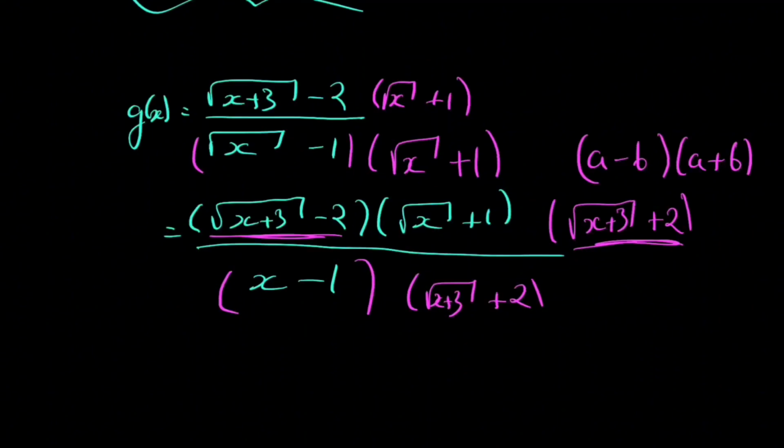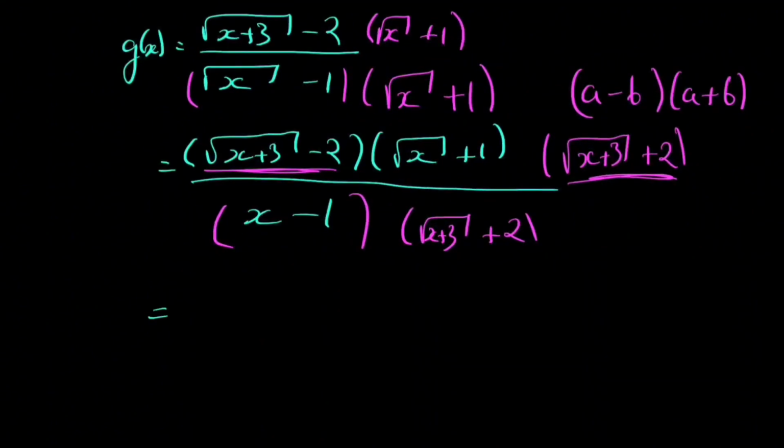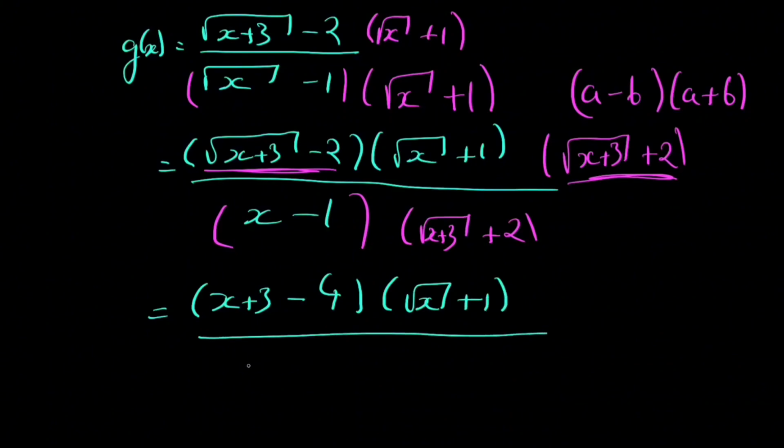And we now have x plus 3 minus 4, so 2 squared is equal to 4, times square root of x plus 1, divided by x minus 1 times square root of x plus 3 plus 2.